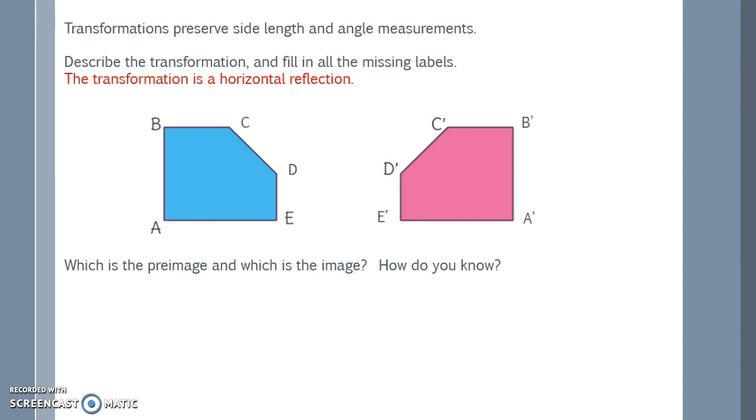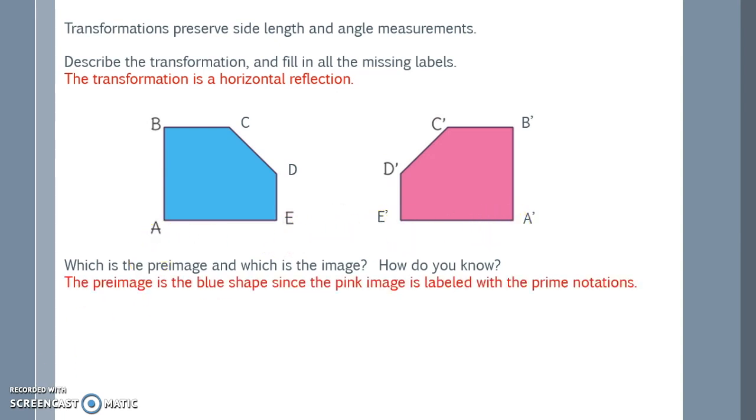So therefore, B and B prime are equivalent, C and C prime are equivalent, D prime, E prime, A prime are all equivalent. The pre-image is the blue shape, since the pink image is labeled with the prime notations. That is our indication that we have a new image based on our pre-image.